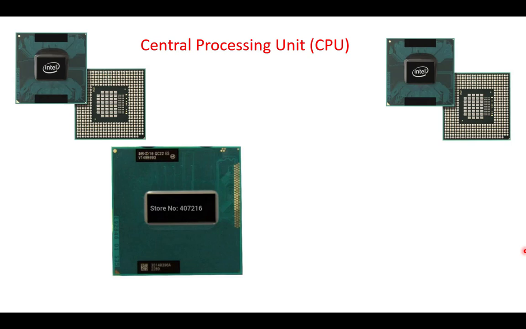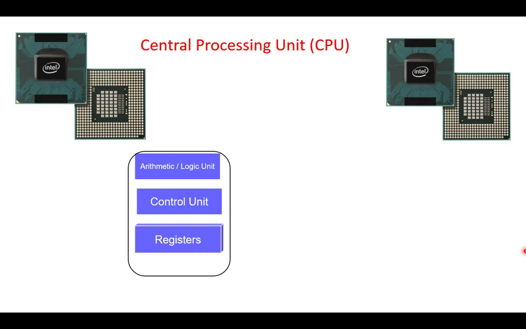First, we learn the basic concept of how the CPU works. The CPU is called the central processing unit, the brain of the entire computer, and there are three important sections in the CPU. The first section is called the arithmetic and logic unit.